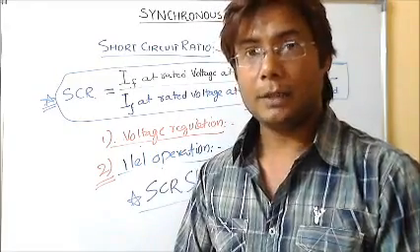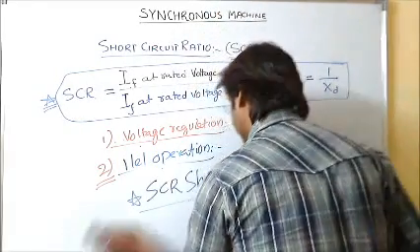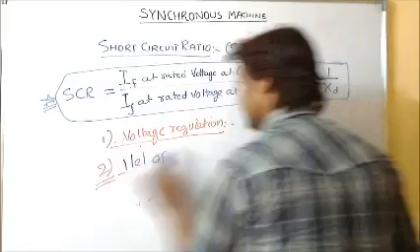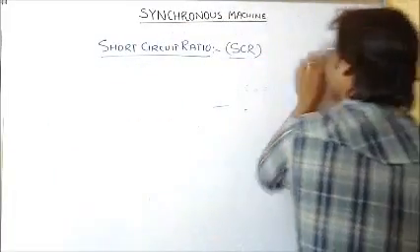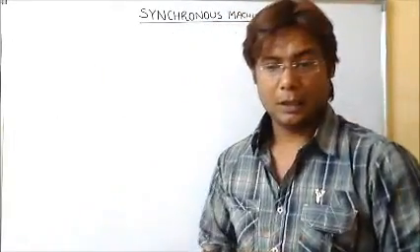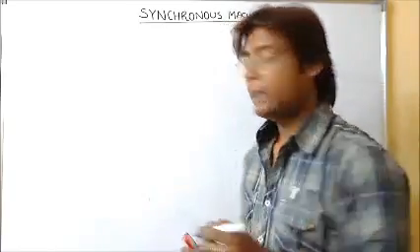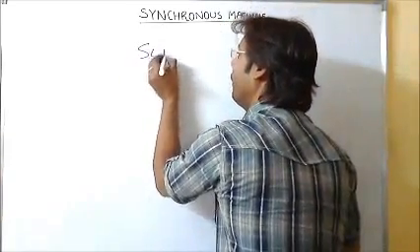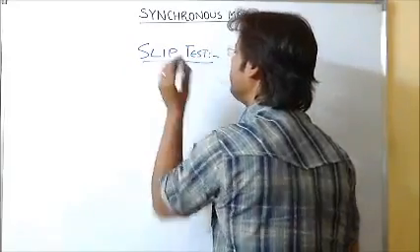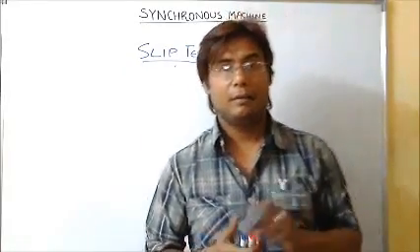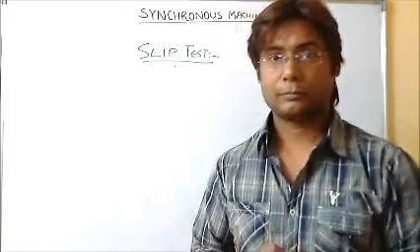One more thing that comes after that is called the slip test. In the slip test, we normally find the XD and XQ.